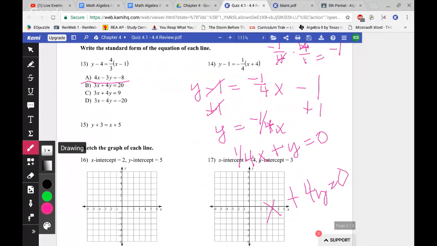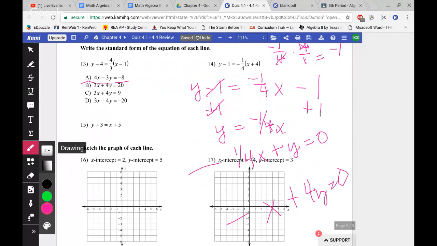Remember, that combines that whole thought process we learned in chapters 1, 2 and 3 about clearing the fraction with example 1 that we worked on yesterday. These are equivalent expressions of the same line. They're equivalent equations. If you were to graph that, you would get the exact same line.